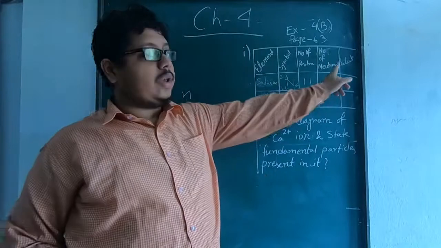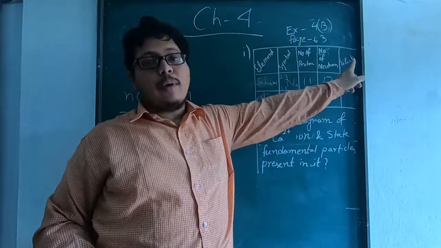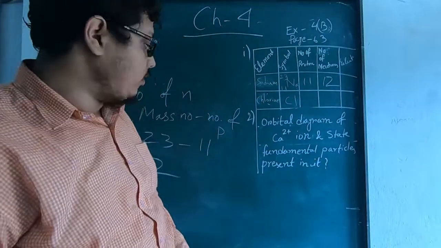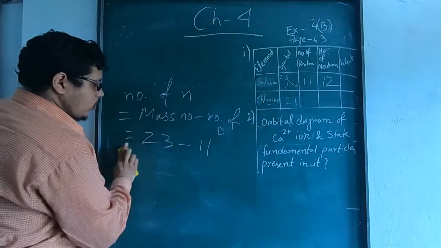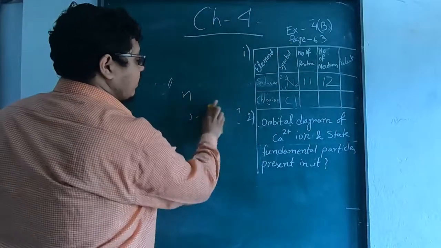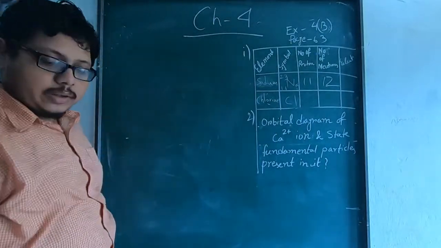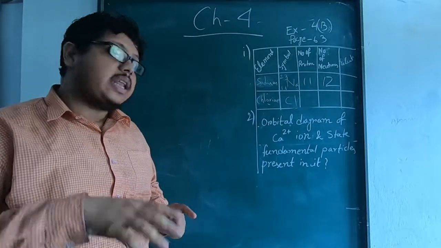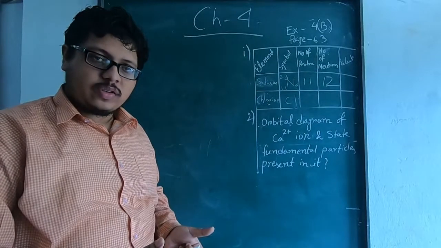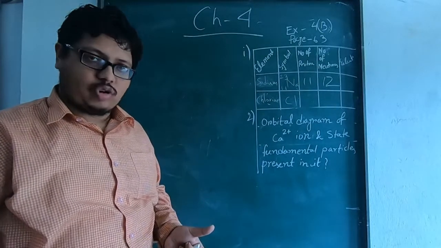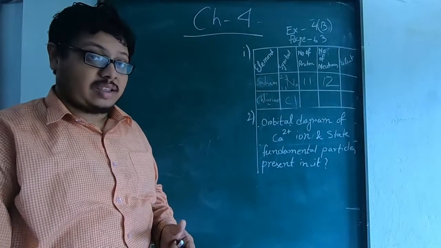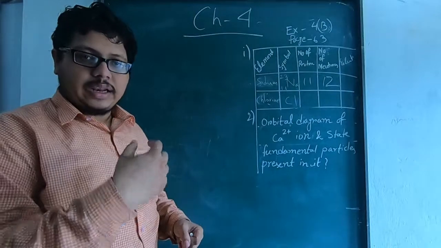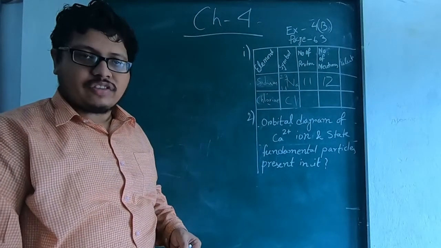And the last thing left is the number of electrons. Again, we discussed in the previous class that an atom is neutral. Do you remember? The atom is neutral because in an atom the number of protons and the number of electrons are always the same. Proton carries unit positive charge, and electron carries unit negative charge.